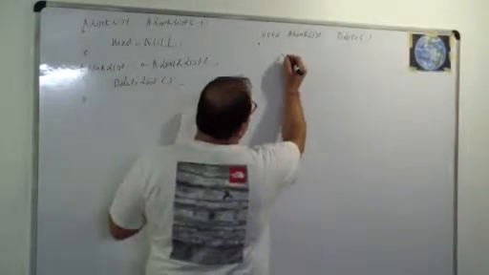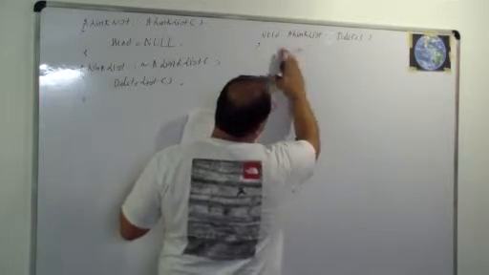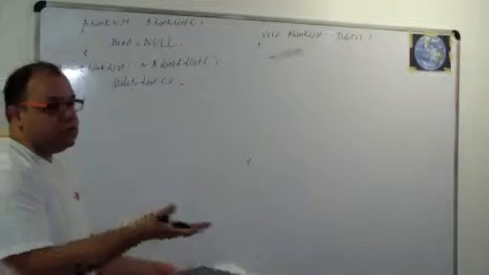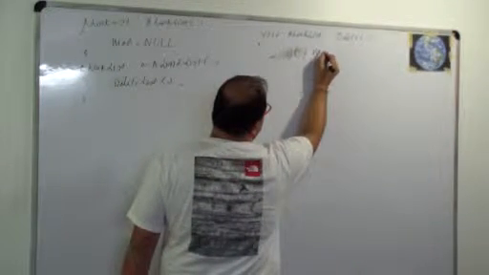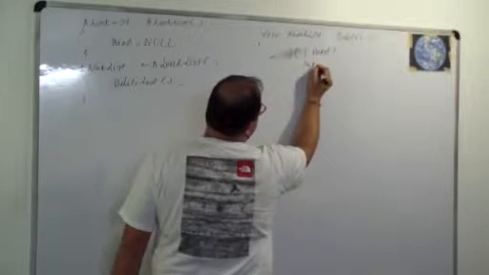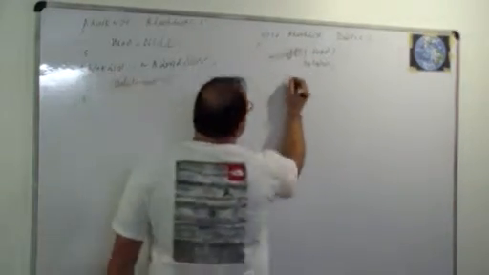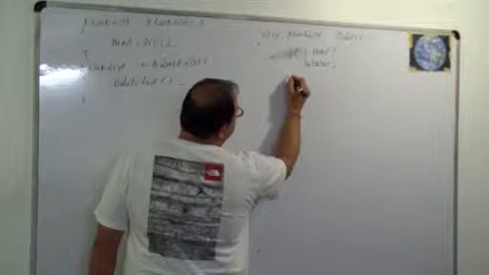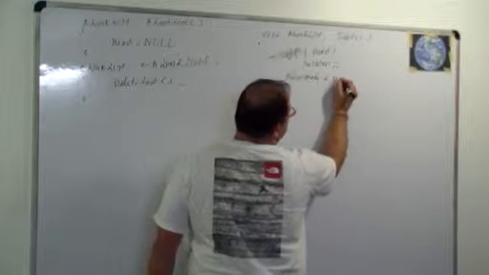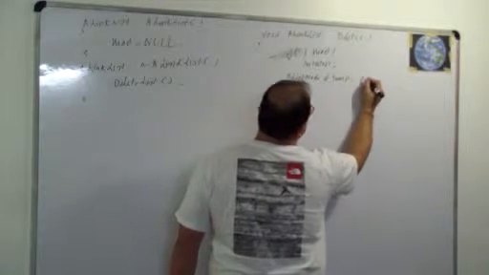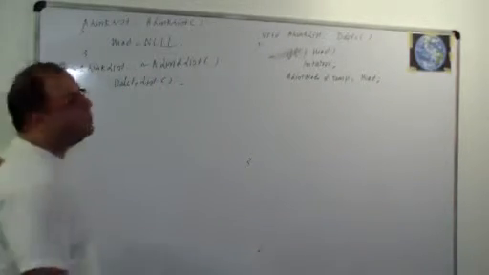Okay, so first we'll check if head is null. If head is null, you just return. So, if not head, return. Otherwise, ListNode star temp is equal to head. So we pointed that to the head.